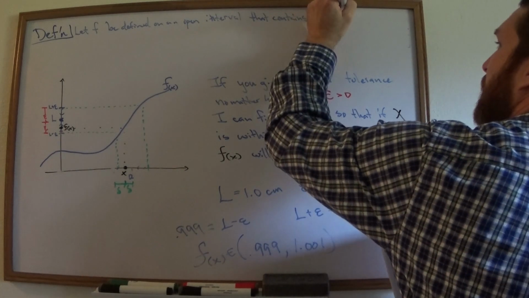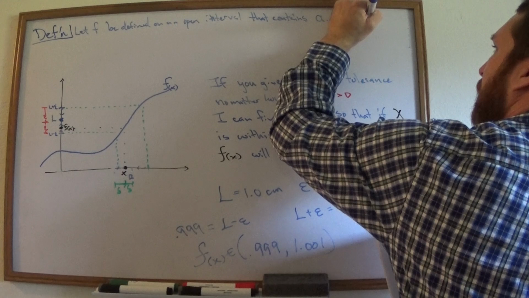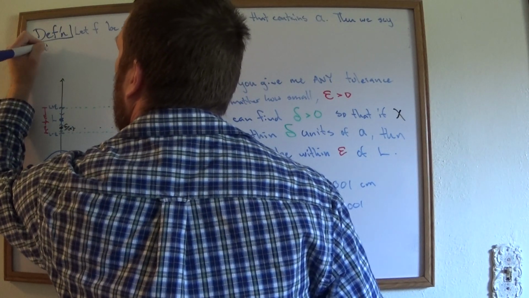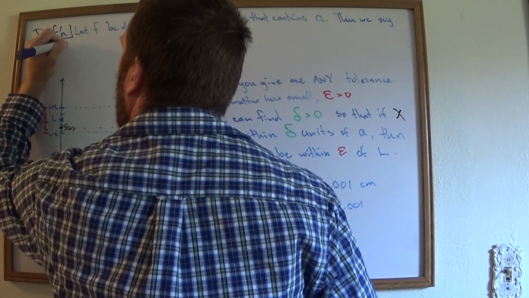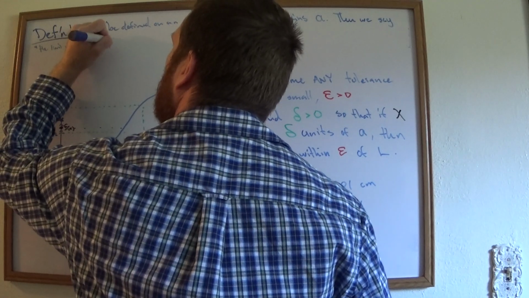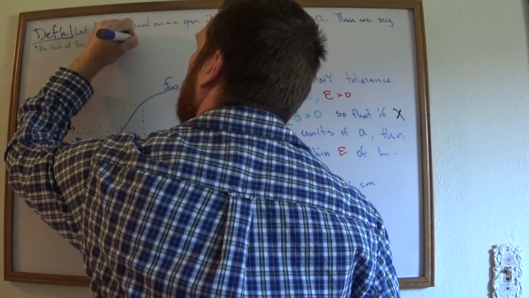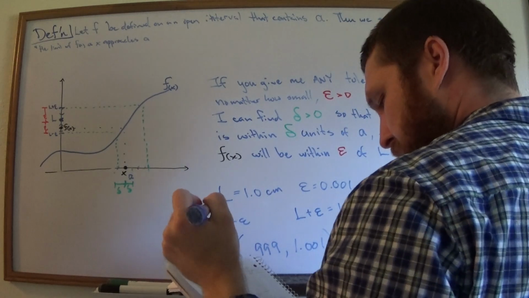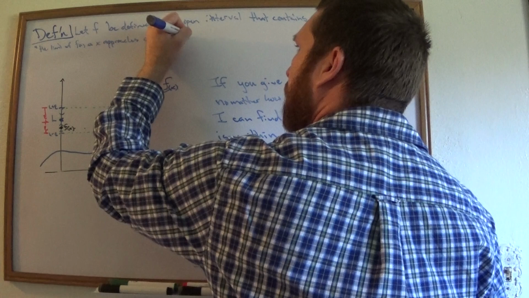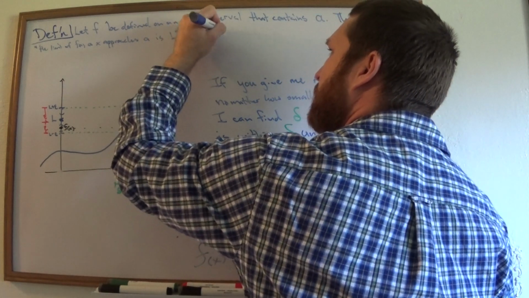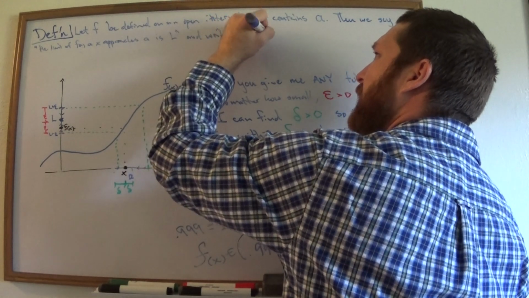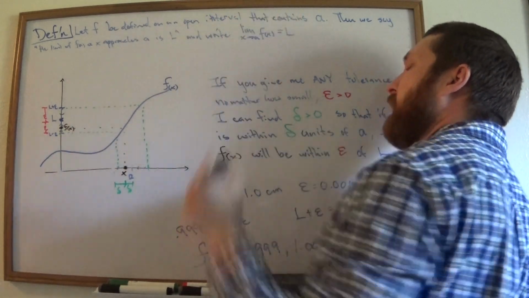Then we say the limit of f of x as x approaches a is L, and write lim x goes to a, f of x equals L.